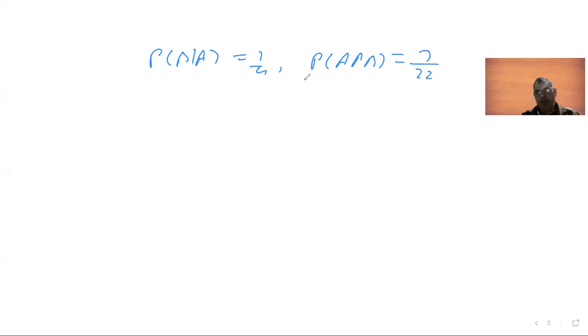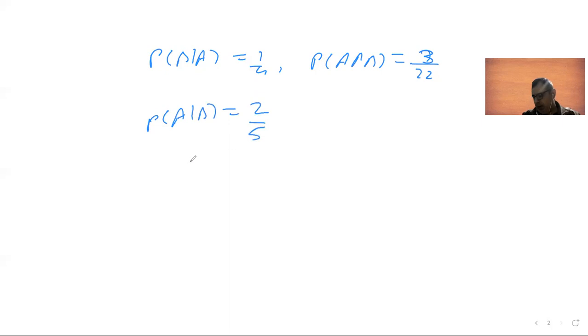P(B given A) is 1 by 4, P(A intersection B) is 3 by 22, right? Yes. And what else is given? A given B is 2 by 5.